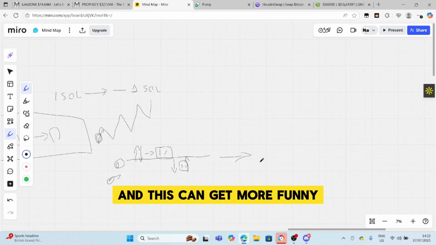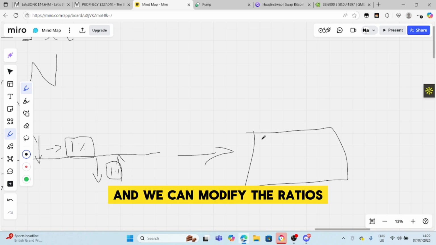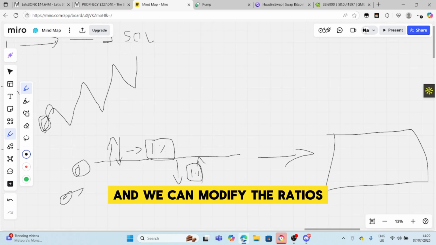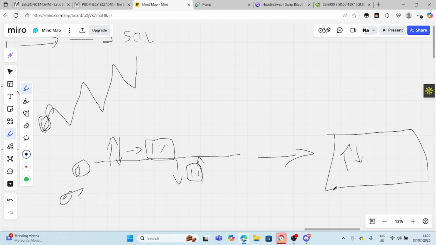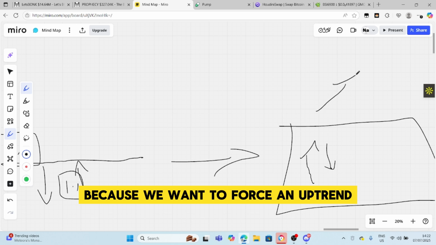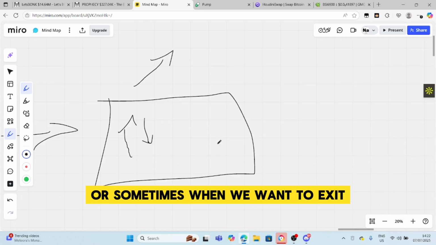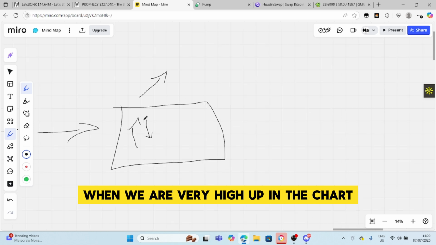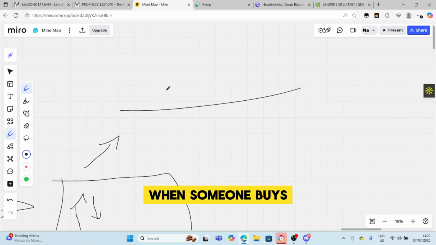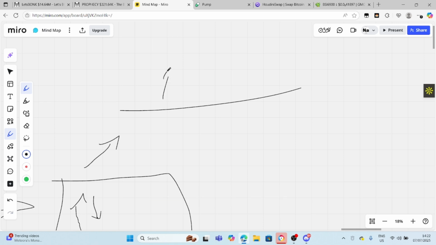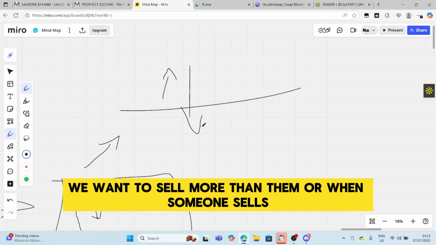And this can get more fun, and we can modify the ratios. Sometimes if someone buys, we don't want to sell all of it because we want to force an uptrend. Or sometimes when we want to exit, when we are very high up in the chart, when someone buys, we want to sell more than them.